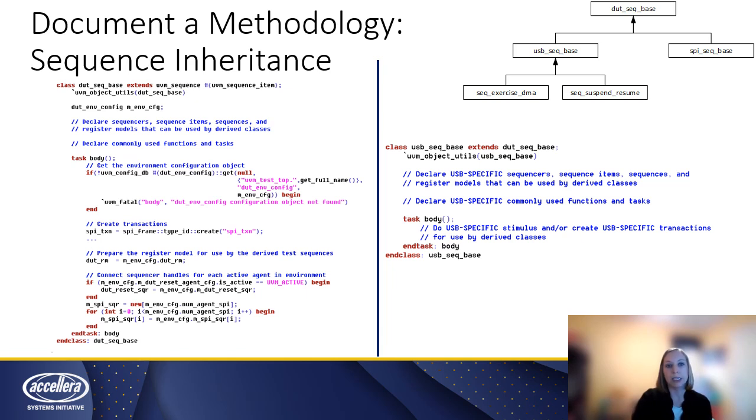This subsystem base class derives from DUT sequence base and declares elements specific to its suite of tests. Other test sequences for that subsystem, for example, sequence exercise DMA and sequence suspend resume, would then derive from the subsystem's base sequence class.